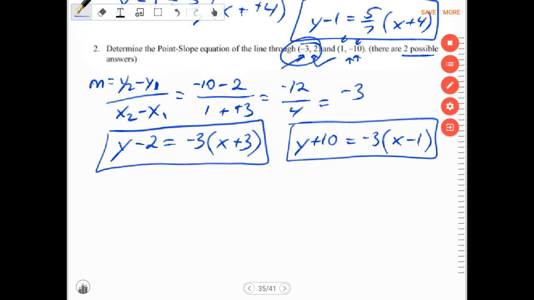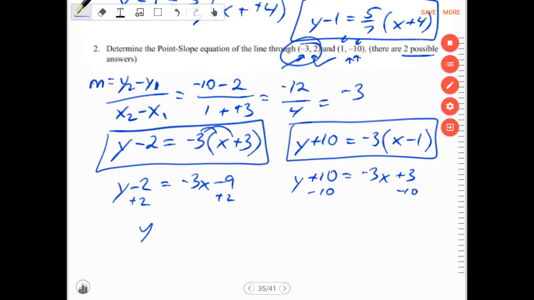Anyways, this is where you would stop the question so that you're good, but let's just prove it. If we change these into the same form, that's going to be y minus 2 equals negative 3x minus 9, and y plus 10 equals negative 3x plus 3. Then, of course, we go plus 2, minus 10, and y equals negative 3x minus 7.